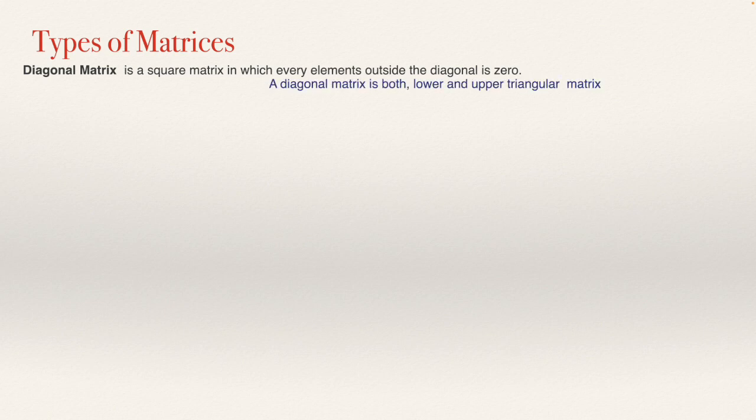And there are diagonal matrices. In these matrices, the only elements that can be nonzero are the elements in the main diagonal. A diagonal matrix is a square matrix in which every element outside of the diagonal is 0. A diagonal matrix is both a lower and an upper triangular matrix.